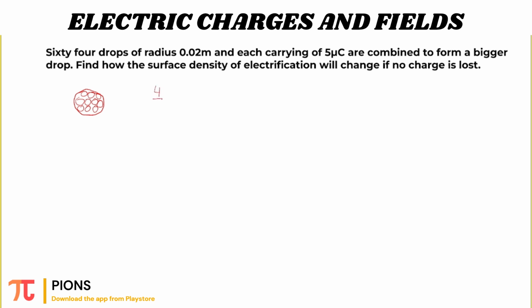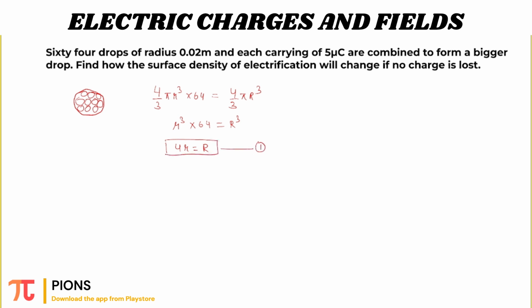If I multiply it with 64, this must give us the volume of the bigger drop, 4 by 3 pi capital R cube. Let's cancel out pi and pi on both sides. So r cube into 64 will be equal to capital R cube. And that will be 4r equals capital R. That's our equation number 1. That gives us the relation between the radius of the smaller drop and the radius of the bigger drop, right?